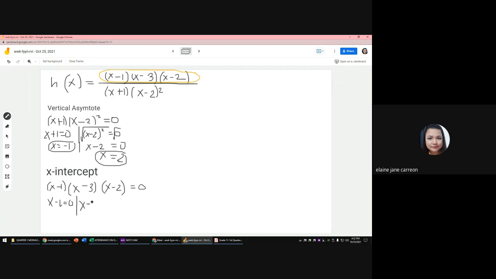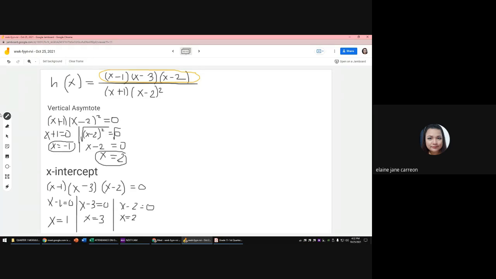X minus 3 equals 0. At x minus 2 equals 0. Okay, the value of x here is positive 1. And the value of x here is positive 3. The value of x here is positive 2.